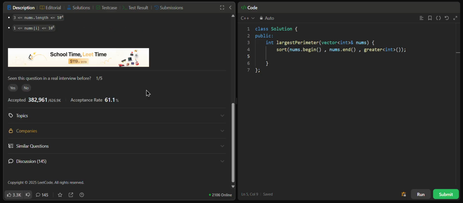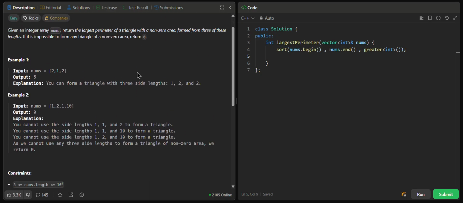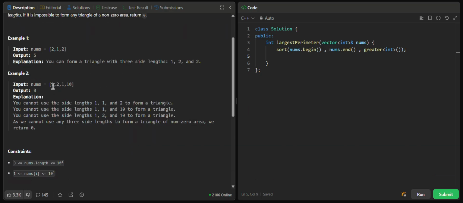But as this is a very easy question, we will just choose three elements. If this array was sorted, the elements would be like 10, 2, 1, 1. I'm writing it here. It will be 10, 2, 1, 1.